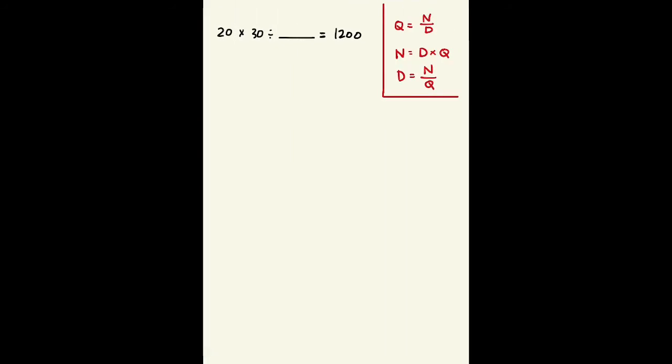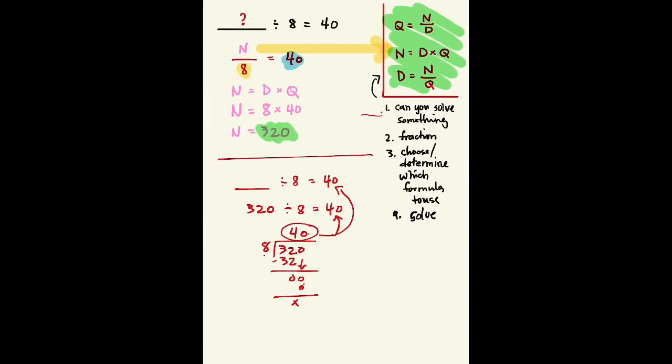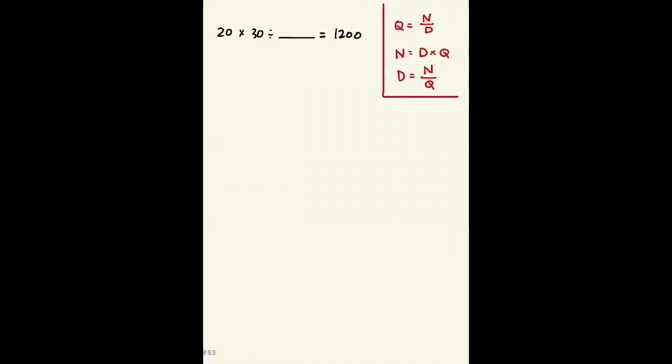So what do I do now? First step, can you solve something already? Yes, I can. I can solve this. So 20 times 30, so I can multiply 2 times 3, that's 6. And how many zeros? 1, 2, 600.